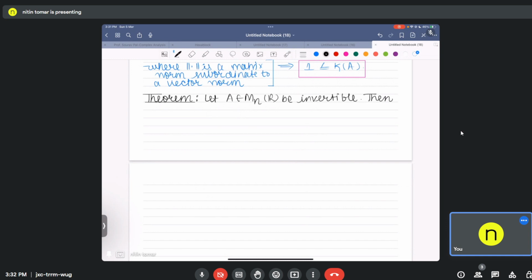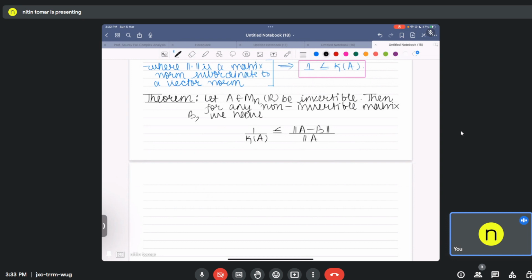Then for any non-invertible matrix B, we have 1 upon kappa A is less than or equal to the norm of A minus B over the norm of A.